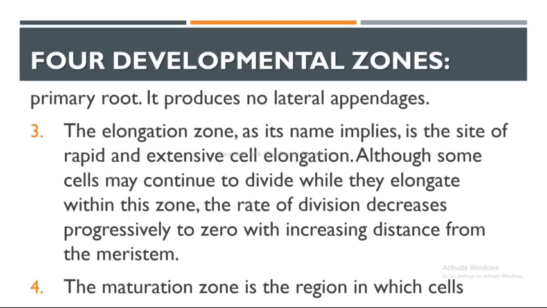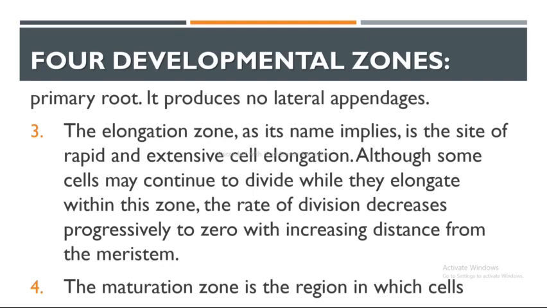Third, the elongation zone. As its name implies, it is a site of rapid and extensive cell elongation. Although some cells may continue to divide while they elongate within this zone, the rate of division decreases progressively to 0 with increasing distance from the meristem.